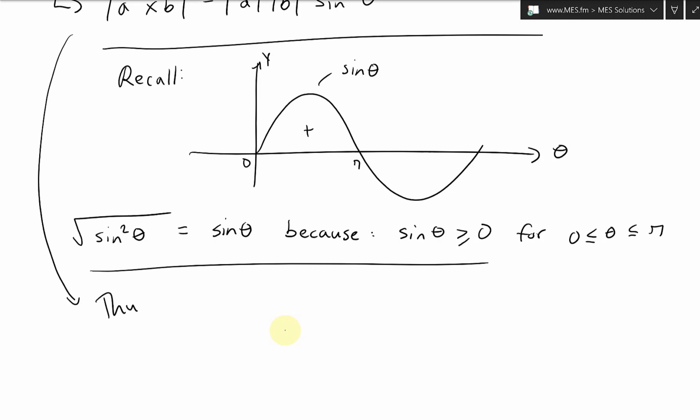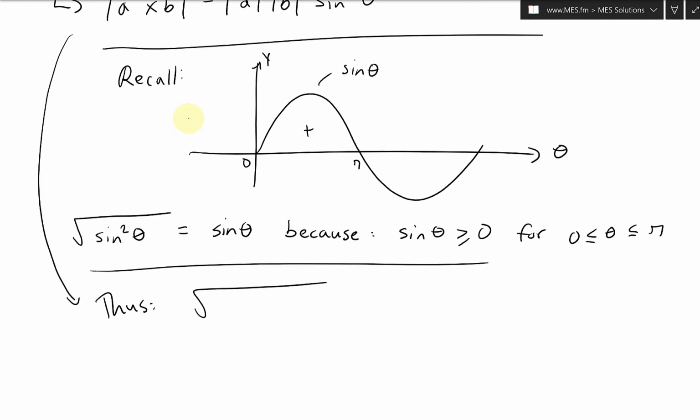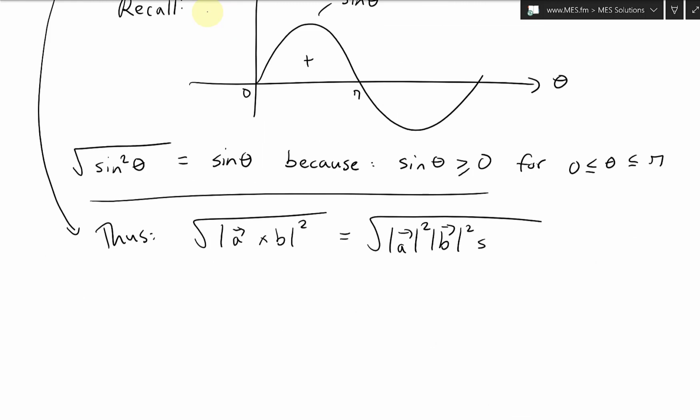So thus, we got the square root of the dot product of the cross product A cross B squared equals the square root of this whole setup here: length of A squared, length of B squared, and sine squared. Like that.